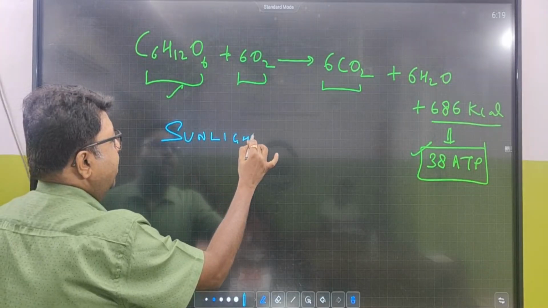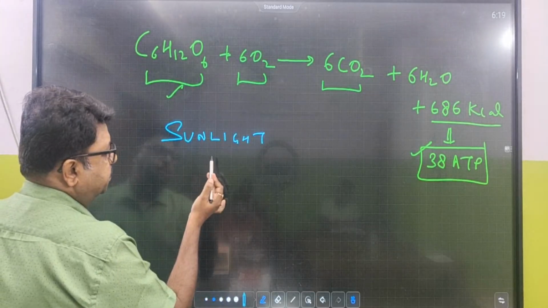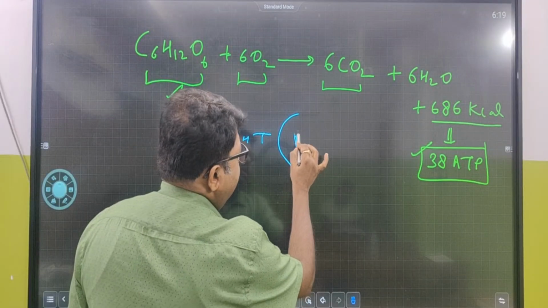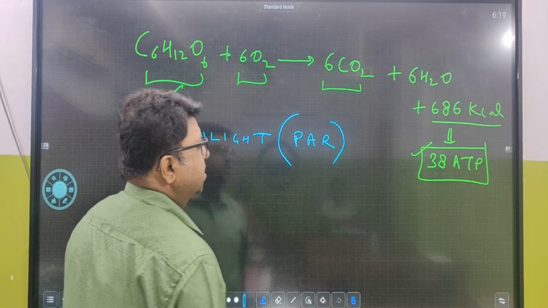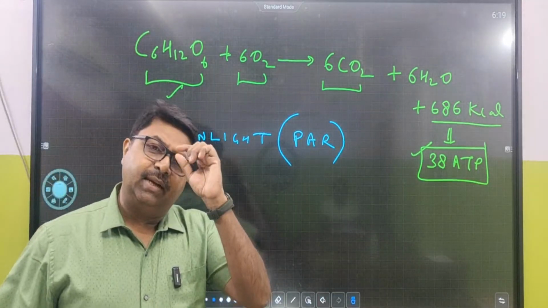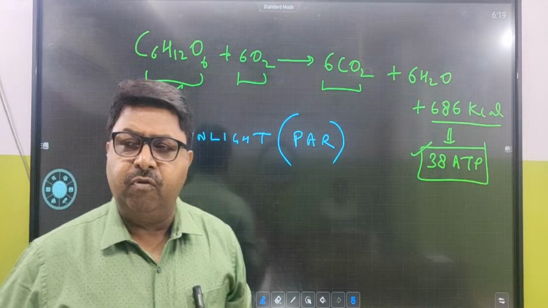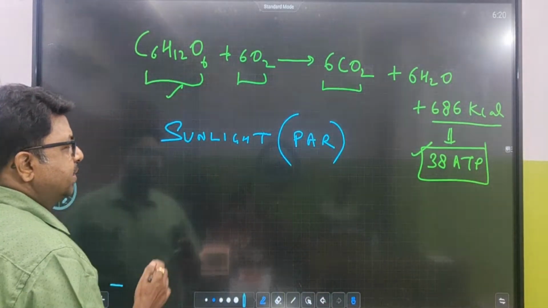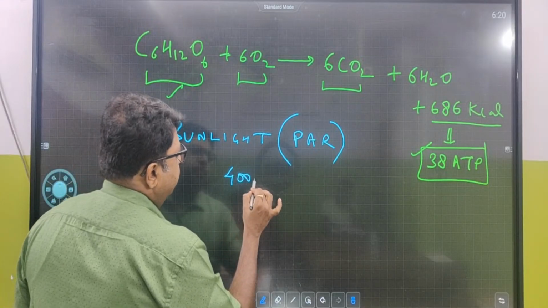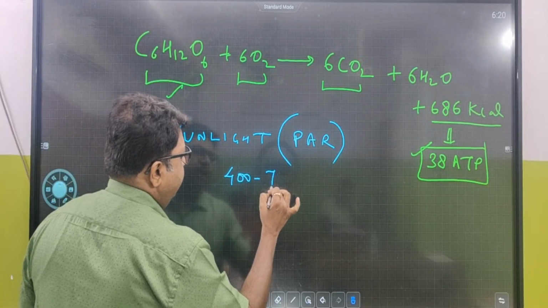The requirement that we have already talked about is sunlight, and the total wavelength of sunlight that is required for photosynthesis is called PAR. What is the full form of that? Photosynthetically active radiation. So this ranges from 400 to 700 nanometer.